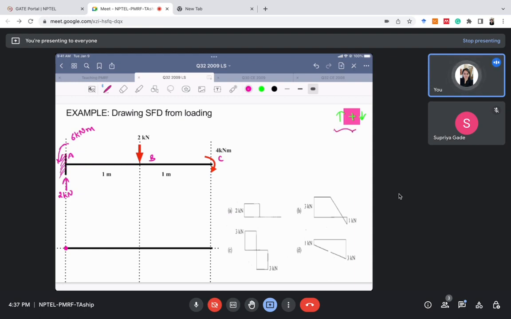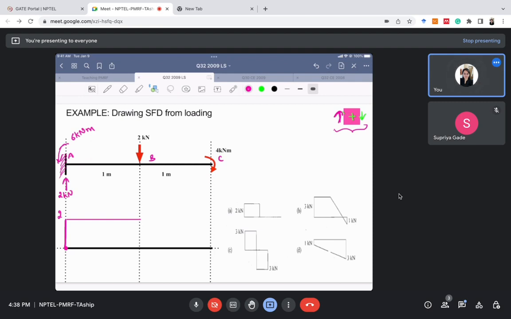From the sign convention, at the left side of the section, if there's an upward load, it will be positive. So we have drawn a positive shear force of 2. In section AB there is no loading, so the shear force diagram will be constant like this. It will be 2 here.